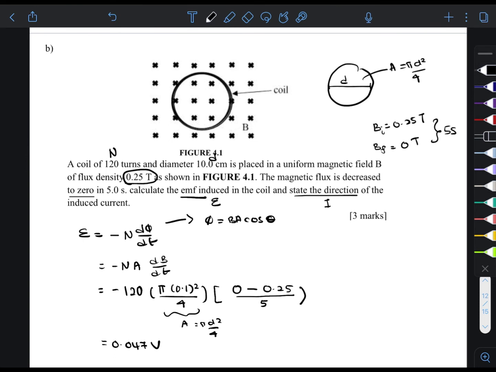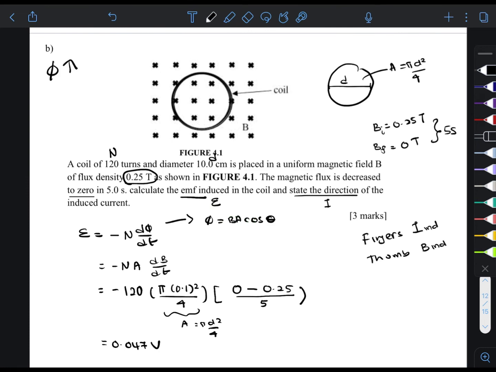In this right hand grip rule, our four fingers represent the direction of the I, and our thumb represents the direction of the magnetic field. But because we want to find the direction of induced current, the B here also has to be the induced B. So before we identify the I, we need to know first the direction of our induced B. For that, we need to look at whether our changing flux increases or decreases.